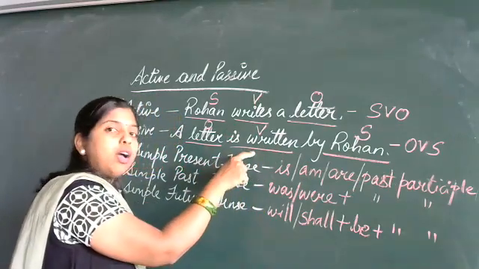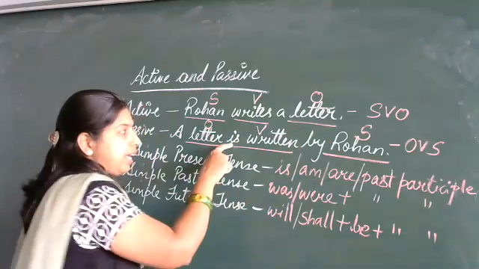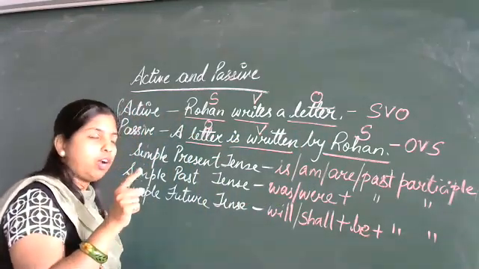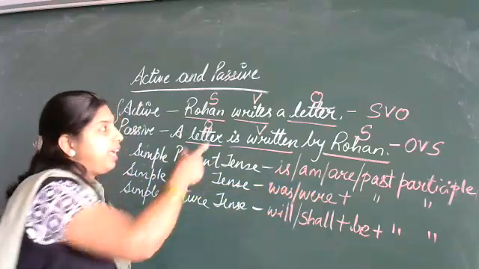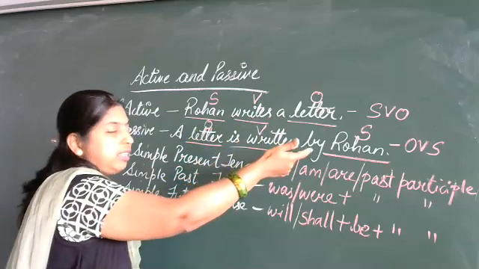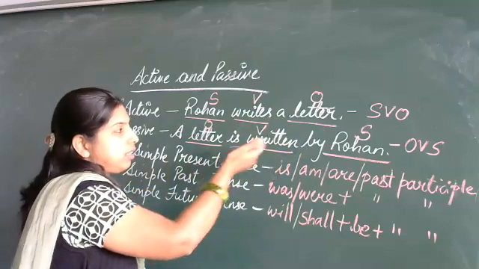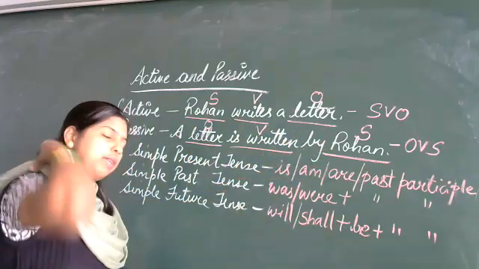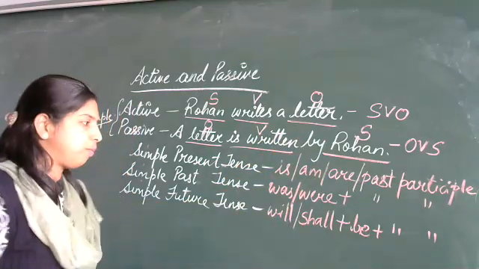Writes changed to written. Is written by Rohan. Why is? Because he is a single person, singular. But if it was plural, you could have added are. They write a letters. If it was like that, the letters are written by them. It would be like this.